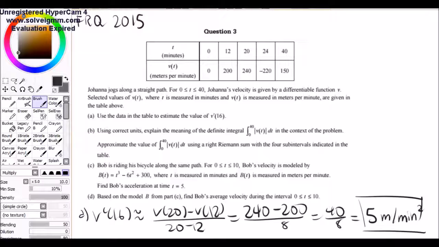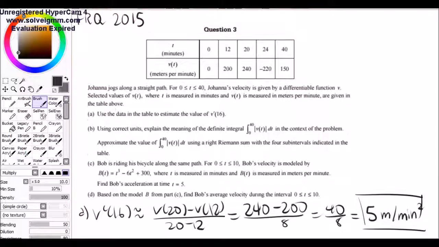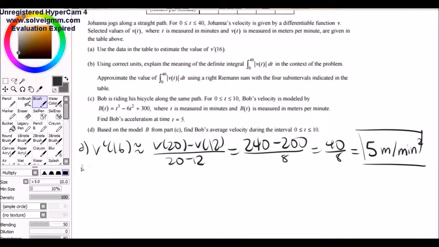Part B is asking for us to explain the meaning behind the definite integral given, and also to approximate its value using right Riemann sums.